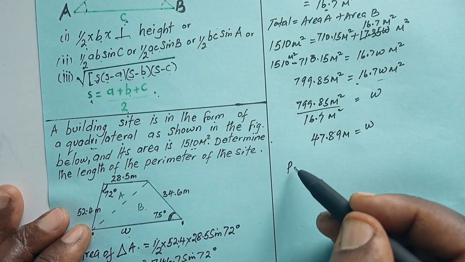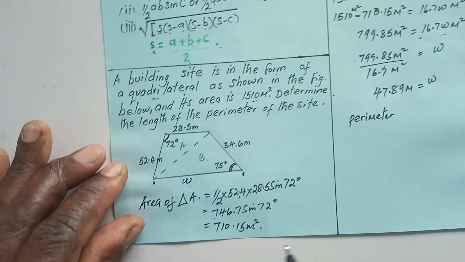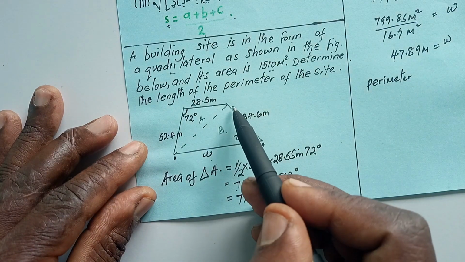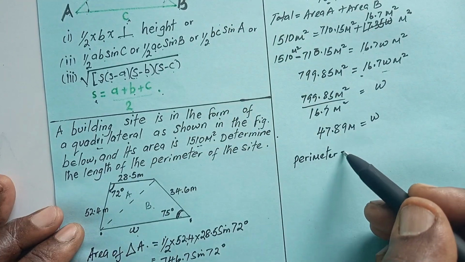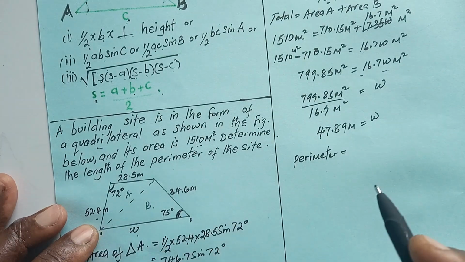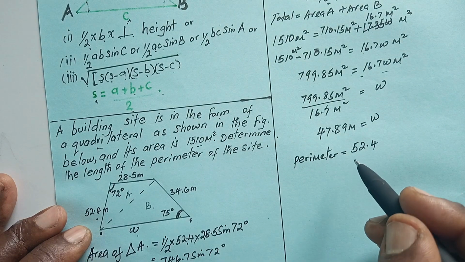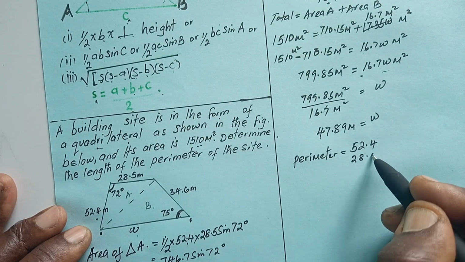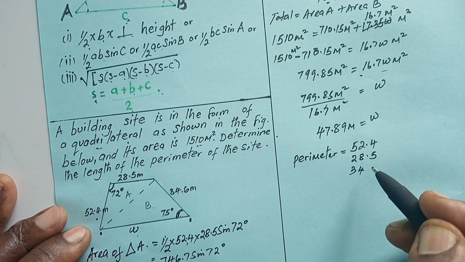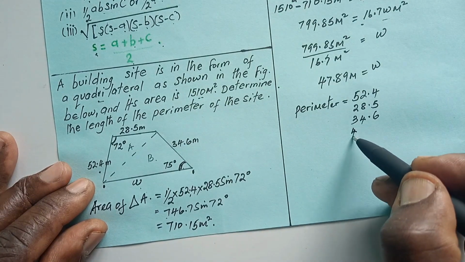Now, perimeter is the distance round our site. So it is this one plus this one plus this one plus that one. So it's equal to 52.4 plus 28.5 plus 34.6 plus W, which is 47.89.